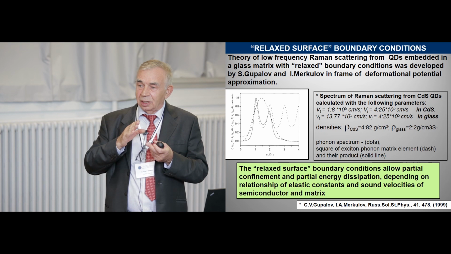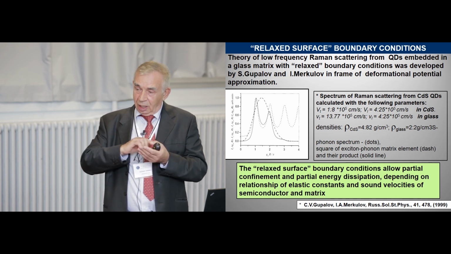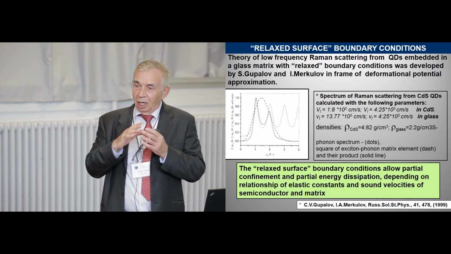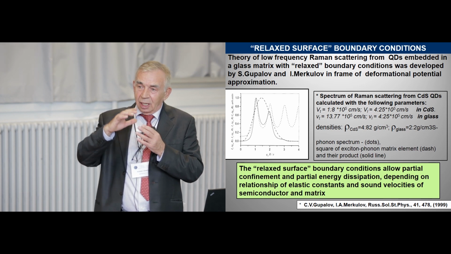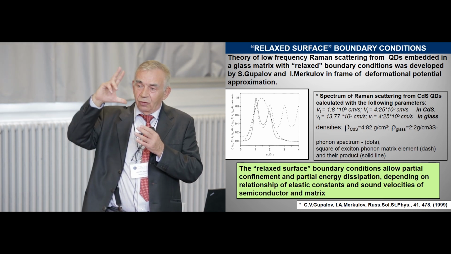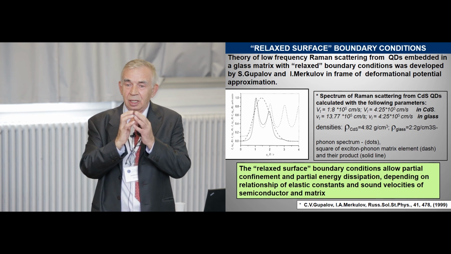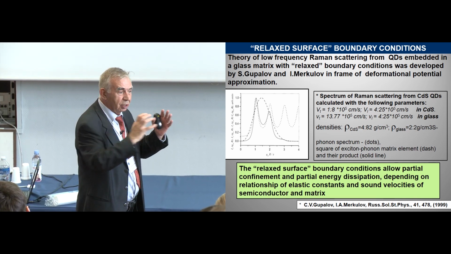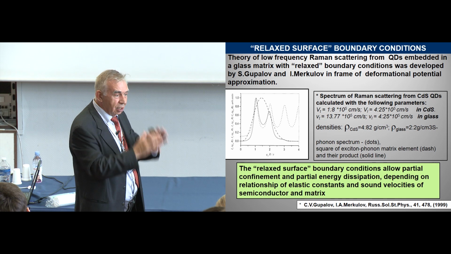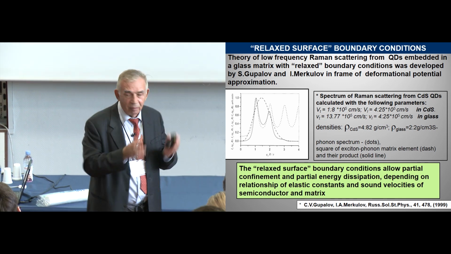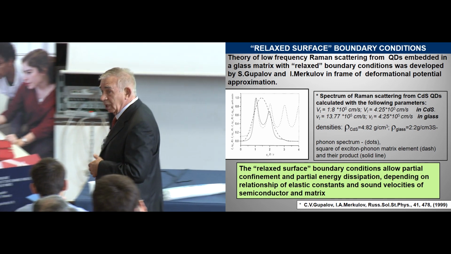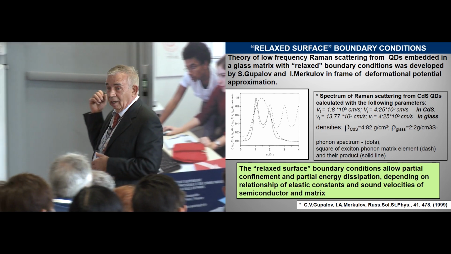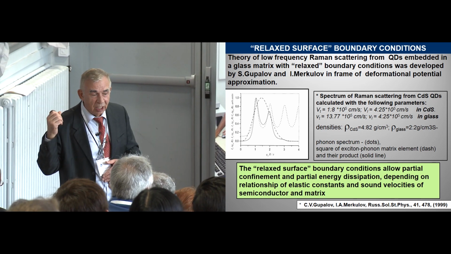You just start to increase the pressure, and the band gap starts to move to high energy immediately. This means that there is no pore, nothing. It's just in contact and equilibrium with the matrix. But this is for the case of copper sulfide in the glass, in solid matrix.